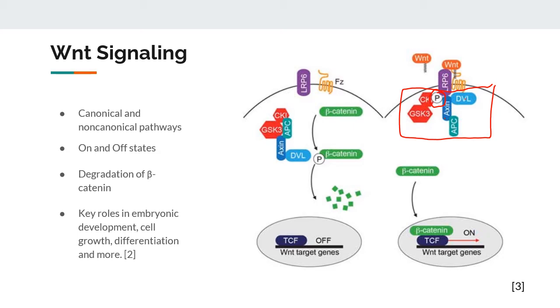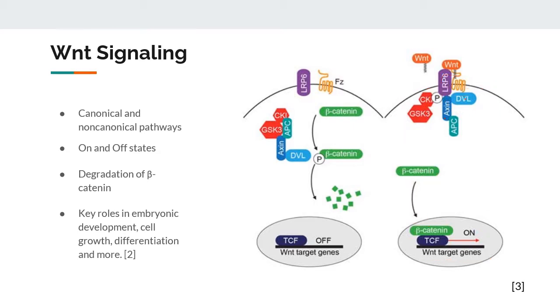What happens is that this destruction complex is now attached to the cell membrane or to these receptors, and beta-catenin has the opportunity to then relocate to the nucleus and attach itself to the transcription factor, which then stimulates the expression of the target gene.